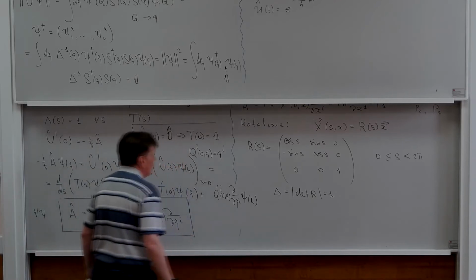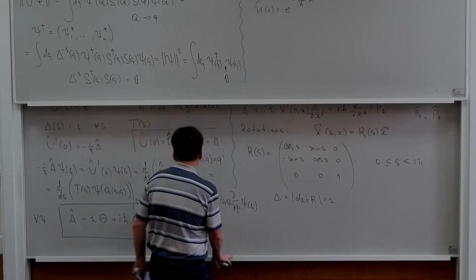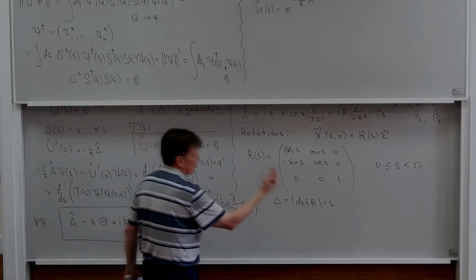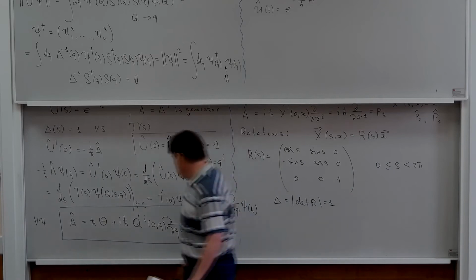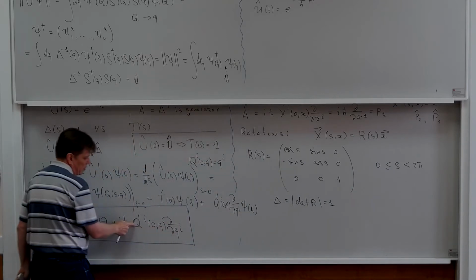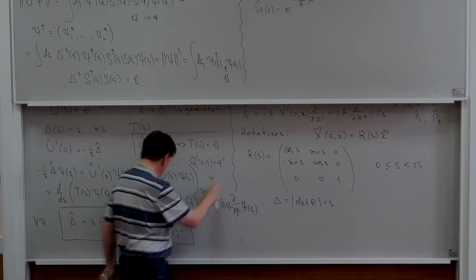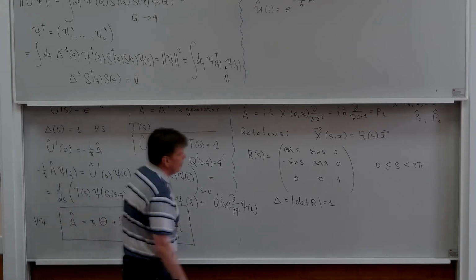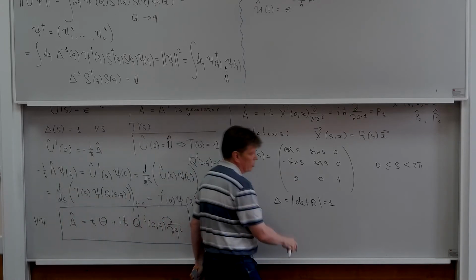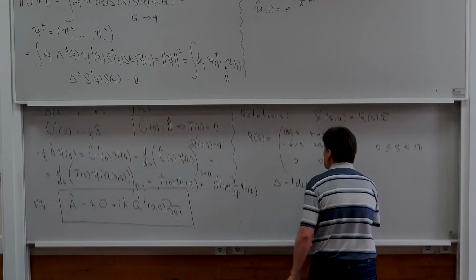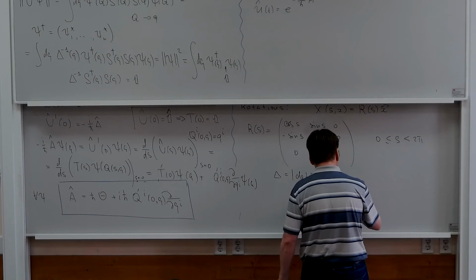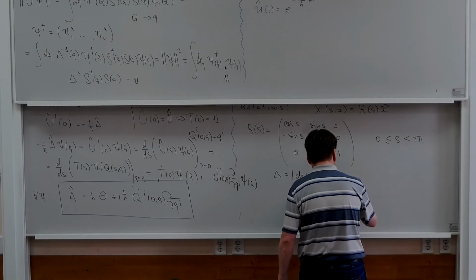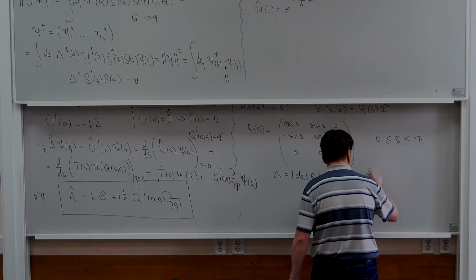And to find the generator of this family of rotations, we need to know the derivative of this matrix R with respect to the angle s. It is not hard to compute, and the result at s equals 0 is given by this matrix R prime of 0.